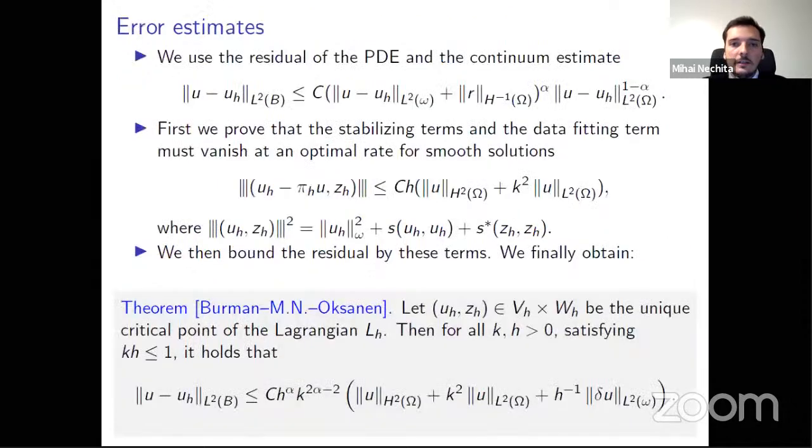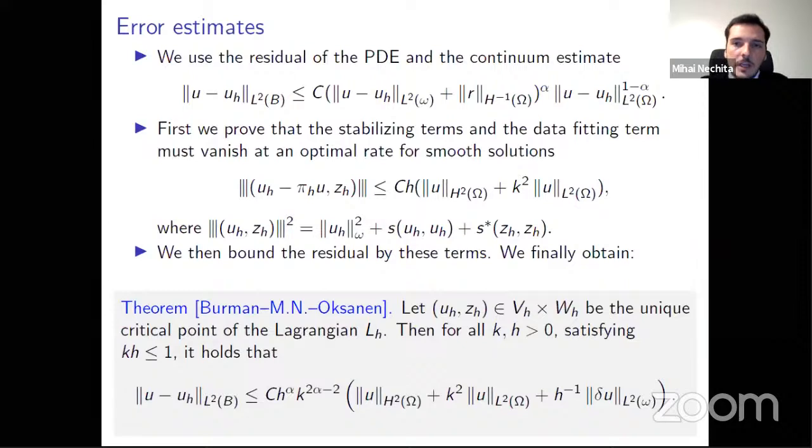And for this system, the idea is that we can plug into the PDE the error u minus u_h into the stability estimate for the PDE, which would read like the first equation here on the top. And now one would need to bound the residual, which can be done using the stabilization and the data fitting terms that we have considered.